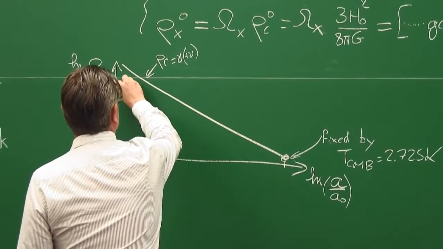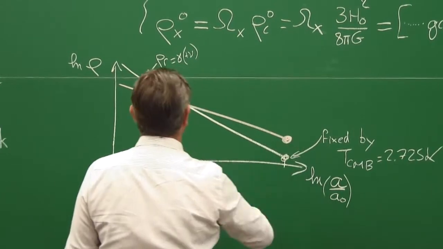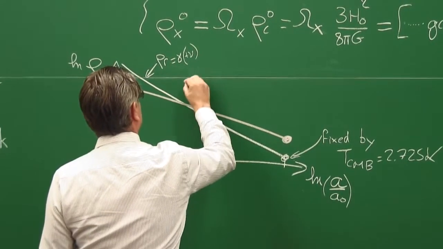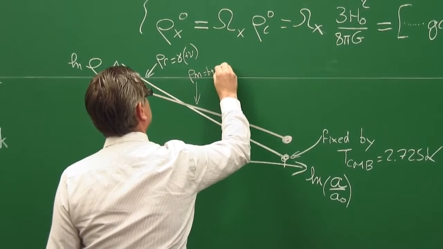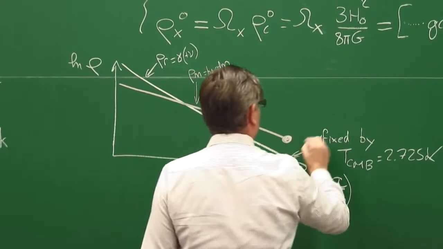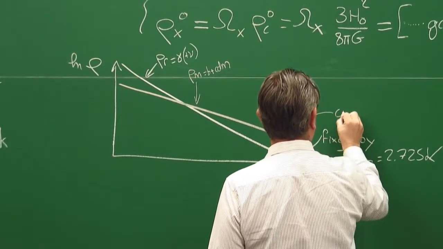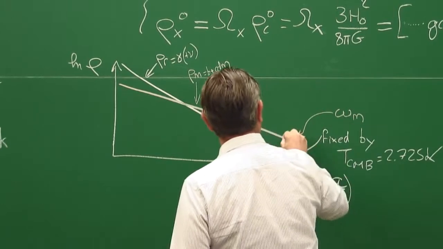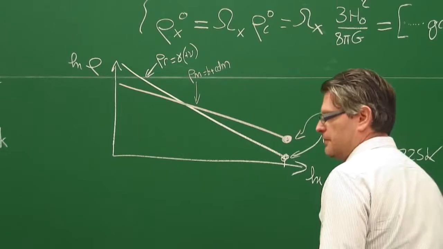It's something like this. So this is rho matter, where M is B plus CDM. And today, the free parameter governing the amplitude of this curve is omega m. If you fix omega m, you can extrapolate back in time because this goes like a to the minus 3.